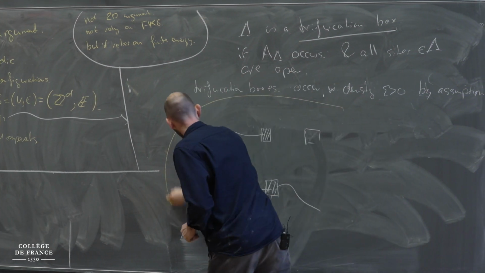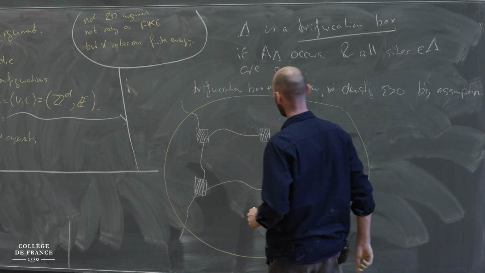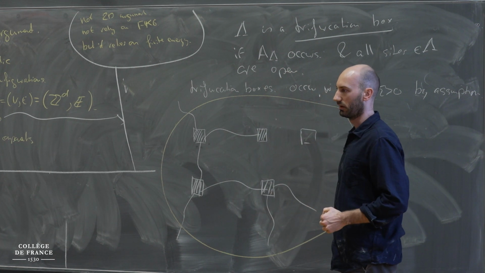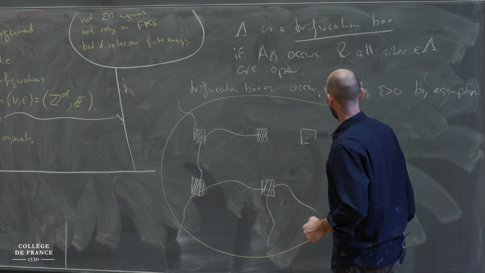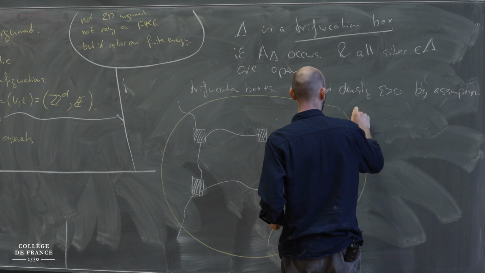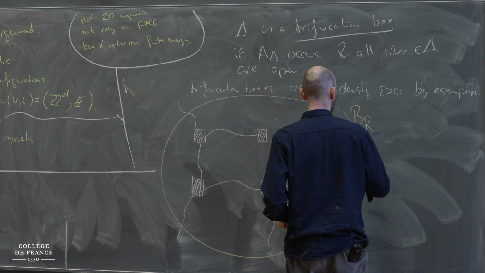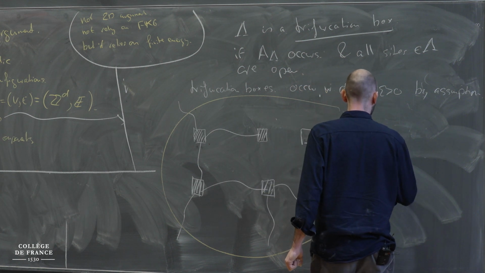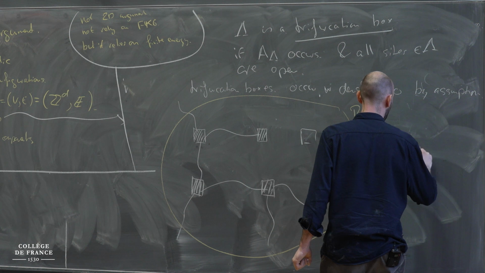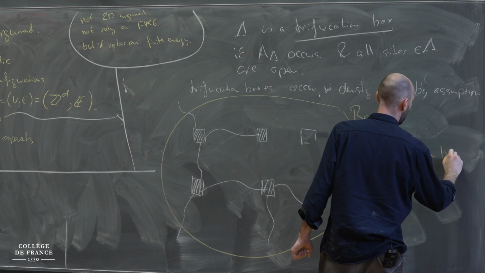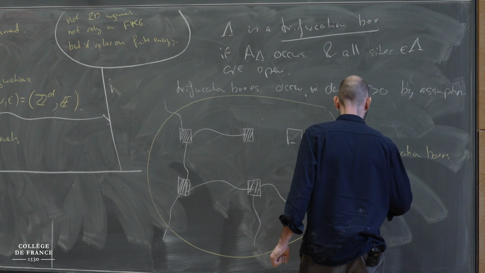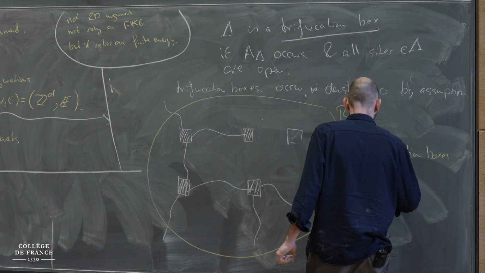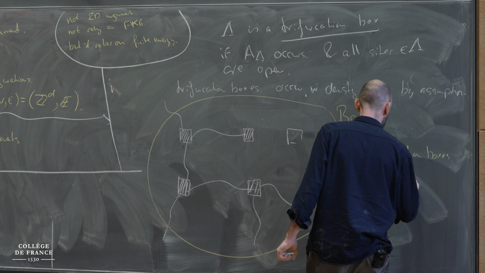So now if I look in a super big ball surrounding the origin, so maybe this is a ball of radius capital R, then the number of trifurcation boxes is going to be, well, roughly R to the D times epsilon. Right?